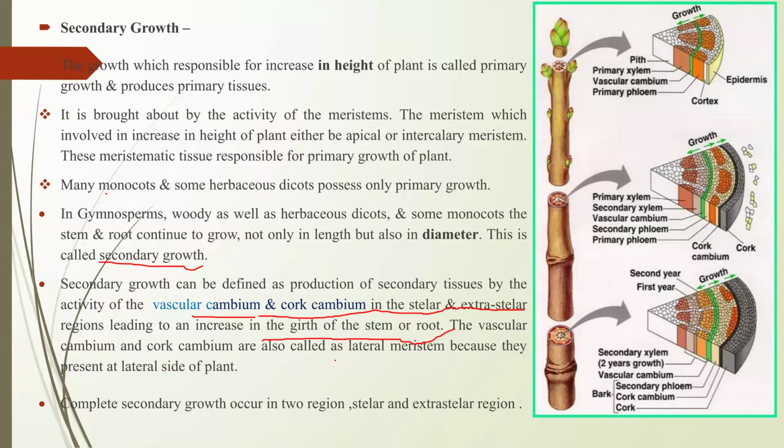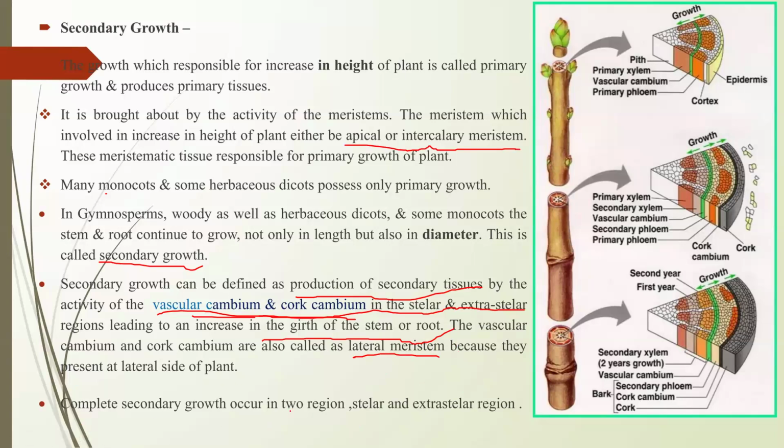The vascular cambium and cork cambium are also called lateral meristems, because they are present at the lateral sides of the plant and are mainly involved in secondary growth. So primary growth takes place through the apical and intercalary meristems, whereas secondary growth takes place through the lateral meristem.